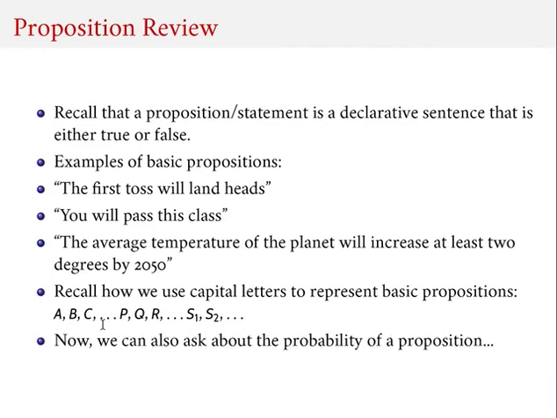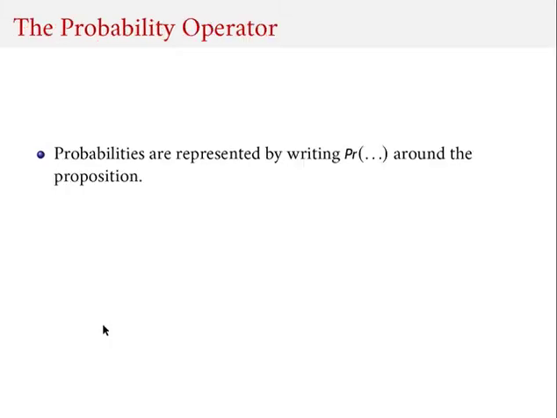So that is to say that we can ask about the probability of a proposition. And formally, when we talk about the probability of a proposition, we write this by writing a Pr, which is short for probability, with some brackets, and inside these brackets we write the proposition or the sentence.